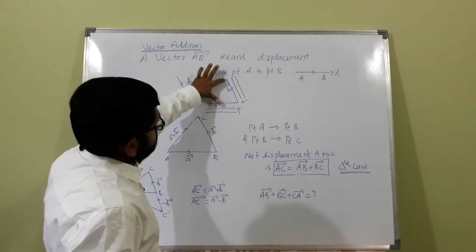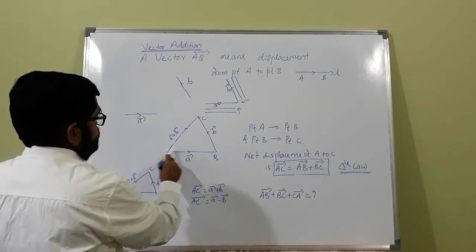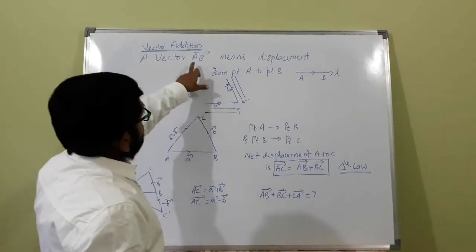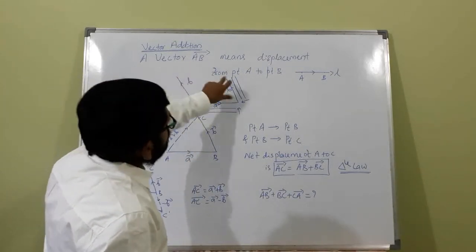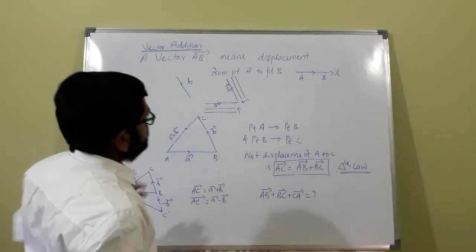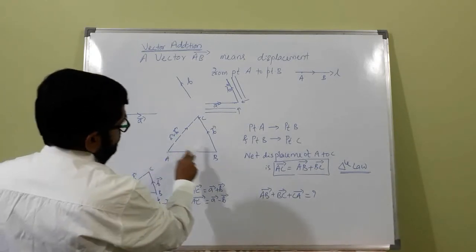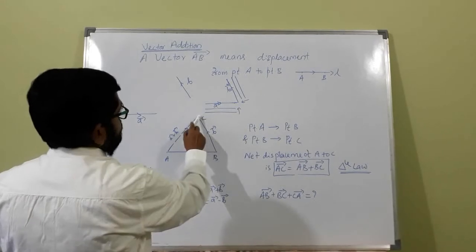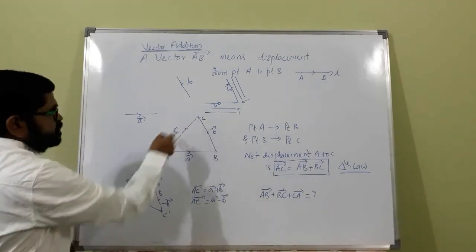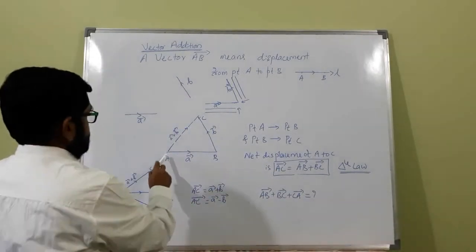Then this resultant sum will be, suppose vector AB is nothing but the shift of point A to point B. Suppose A shifts to B and then B shifts to C, then the net displacement is AC.